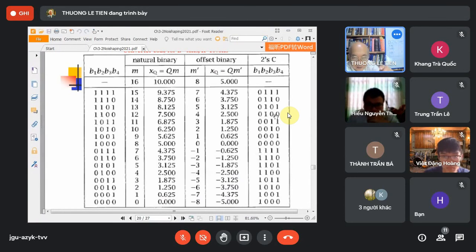For a given cost table, this is namely the cost table. We apply for a case of R equal to 10 and B equal to 4 bits, 10 volts.